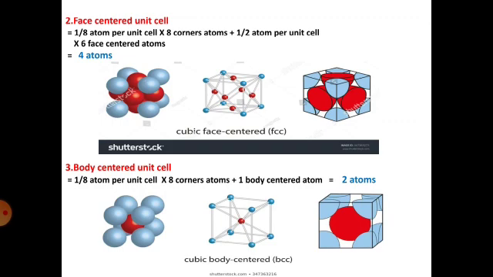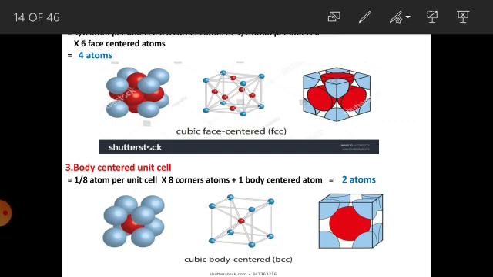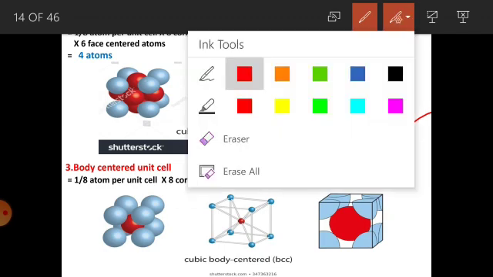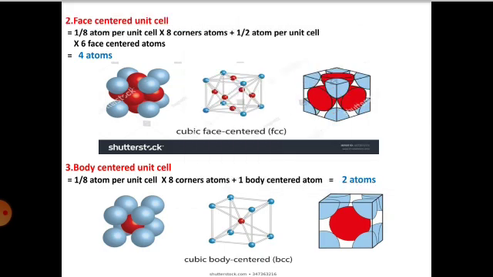But apart from the corner particles, there are 6 particles present at each face, and their contribution is half to the unit cell. Means the corner particle contributes 1/8 part per unit cell, whereas a particle present at a face contributes half per unit cell. So let us calculate how many particles or atoms are present in a face-centered unit cell.